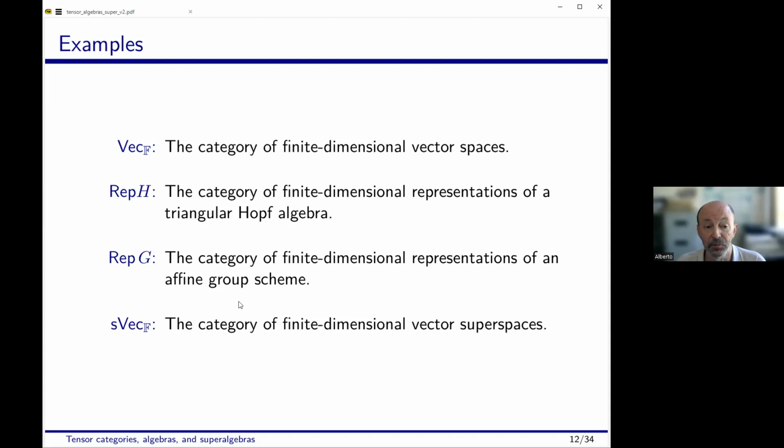All these are examples with the usual tensor product and the usual braiding, which in the first category is just the switch of the two elements, and the same in the category of finite dimensional representations. But for vector superspaces, one has to take some care with the braiding in this category.